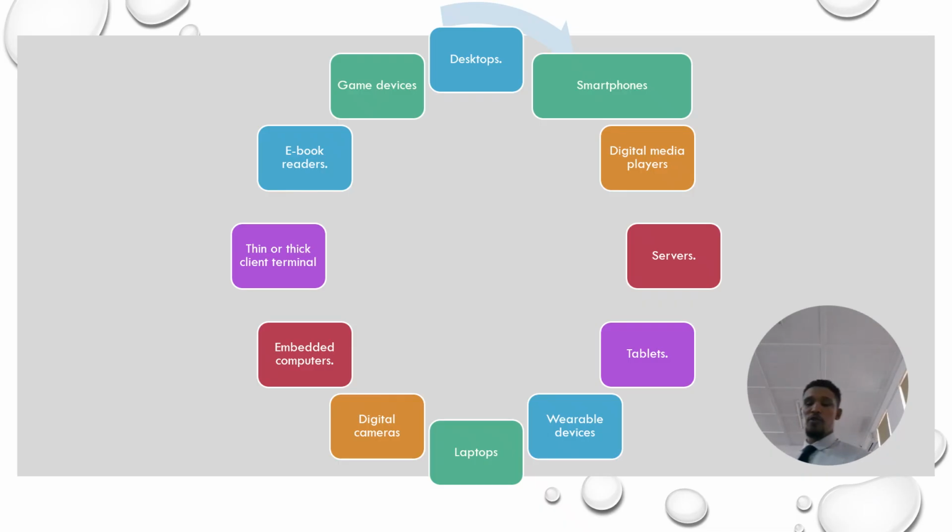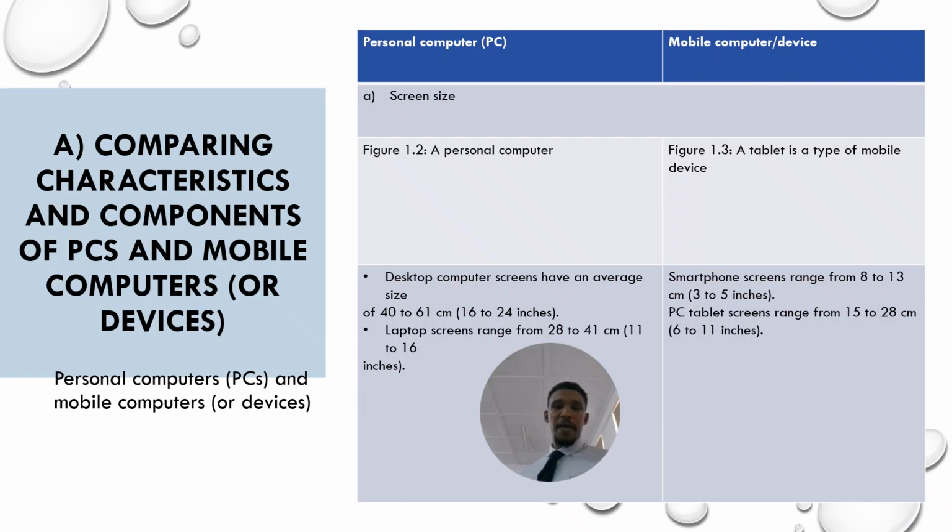So here we're going to look at comparing characteristics and the components of a PC and mobile computer. The size differs from a mobile device or computer. So there you can see personal computer, tablet or type of device.